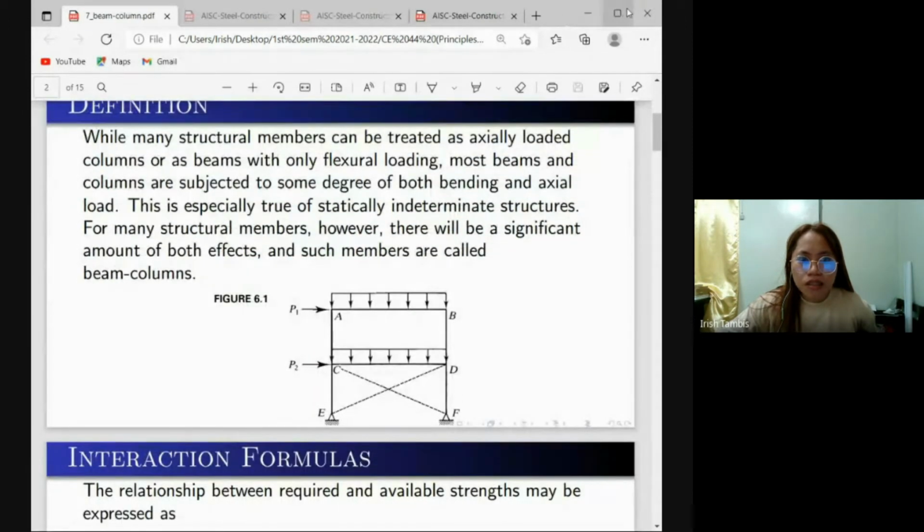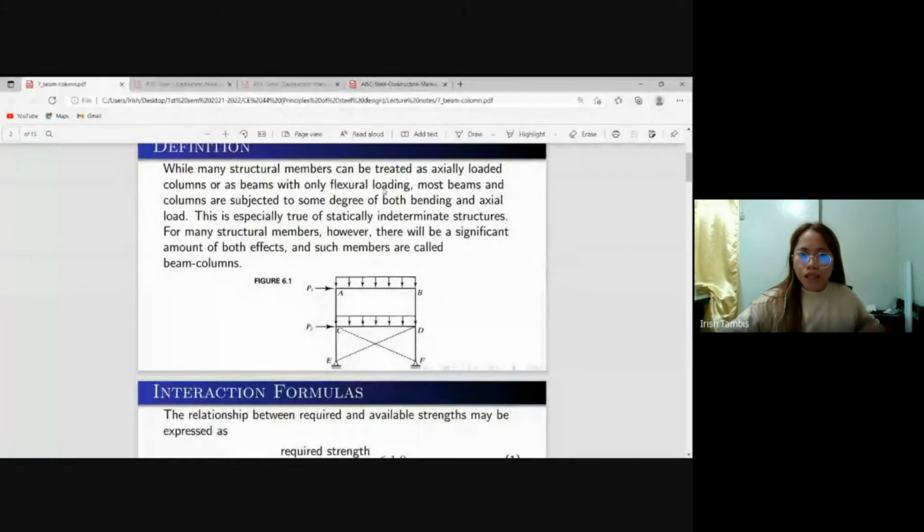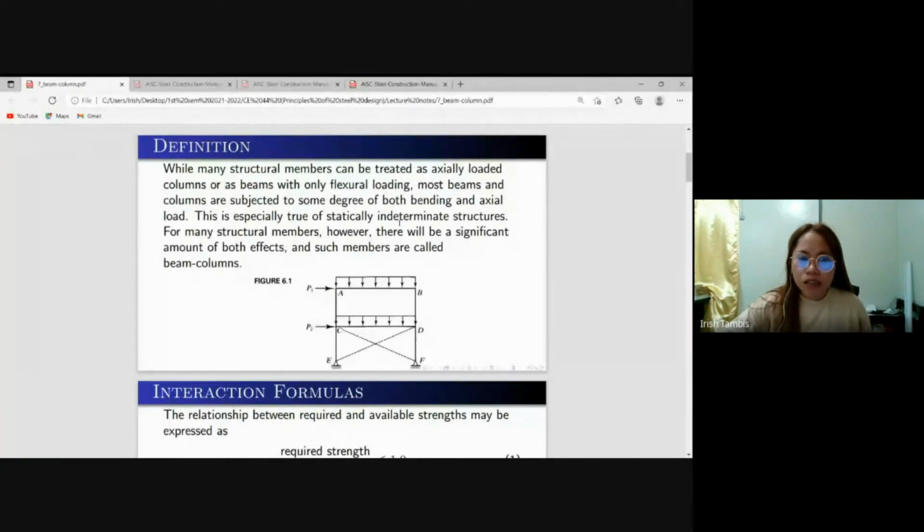For definition, many structural members can be treated as axially loaded columns or as beams with only flexural loading. Most beams and columns are subjected to some degree of both bending and axial load.